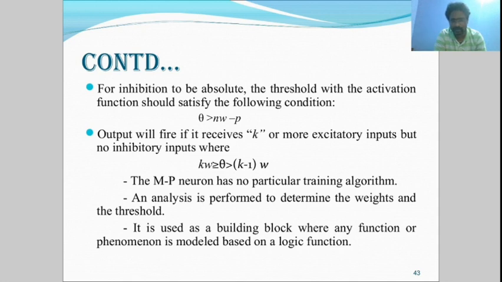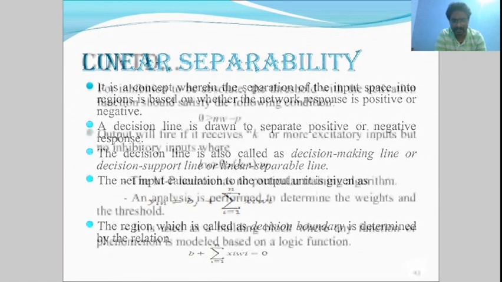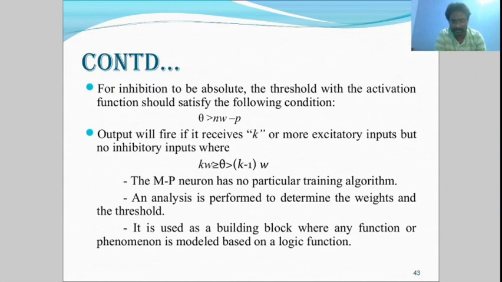The neuron fires if it receives k or more excitatory inputs but no inhibitory inputs, that is, the excitatory weights should be positive values, so that the neuron fires when the net input reaches the threshold value and gives the output. That is, kw is greater than or equal to theta, and theta is greater than (k minus 1)w.